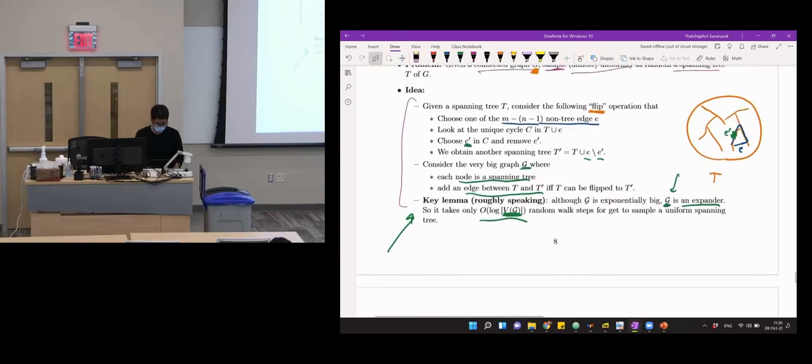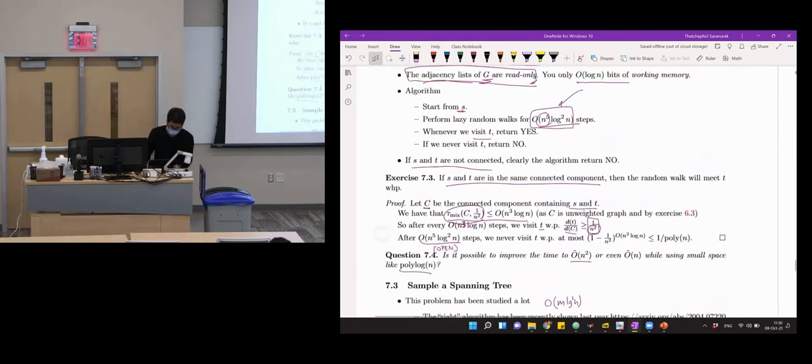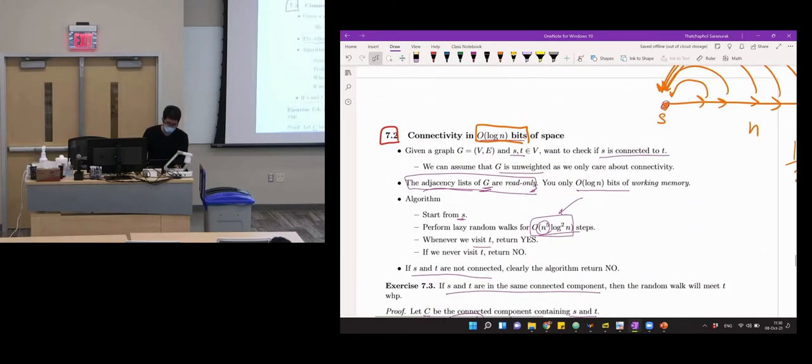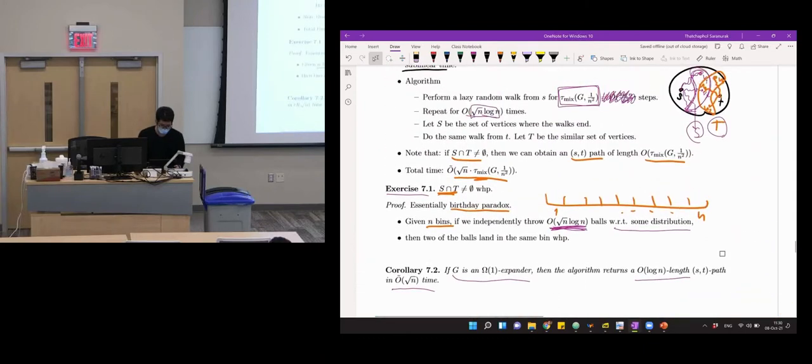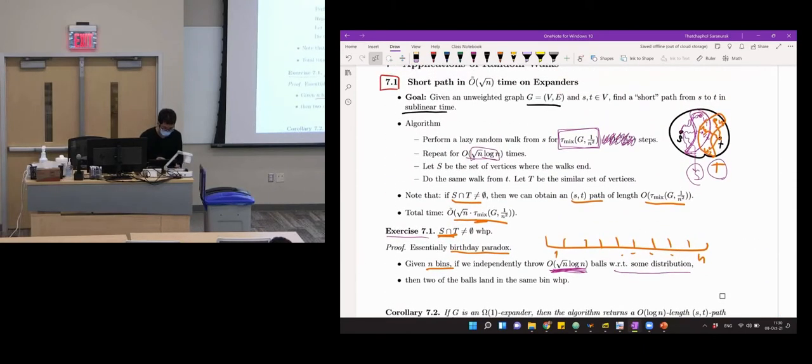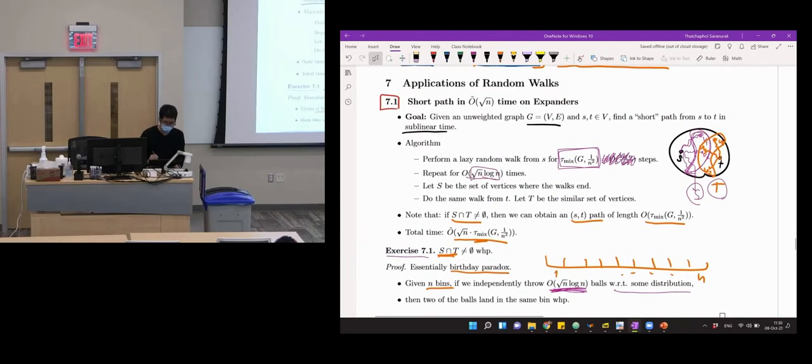Also in class, I went through this part of the algorithm quite quickly. Recall that I talked about finding a short path in square root n time on an expander.